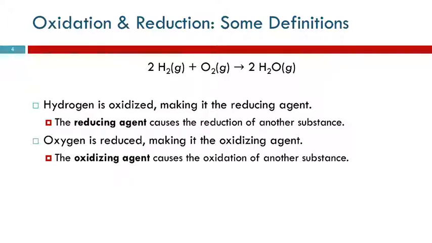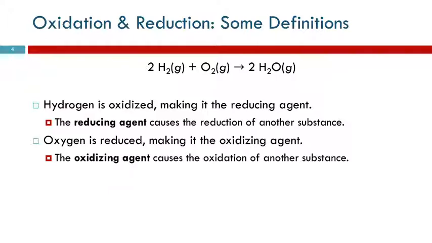So let's think about movie stars, right? Movie stars have agents. Do agents star in the movie? No. They get the jobs for the movie star, and the movie star stars in the movie. That's why they call them movie stars. They star in movies. The agent arranges for them to be in the movie. A reducing agent causes something else to be reduced.